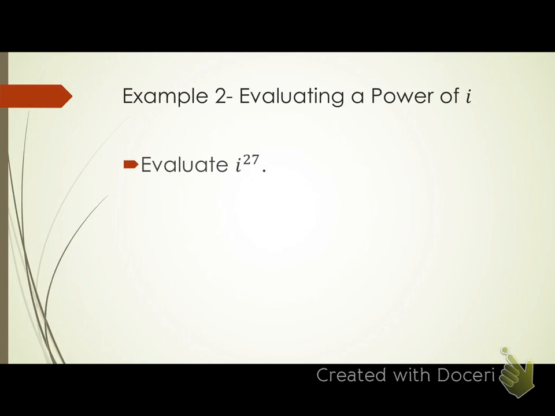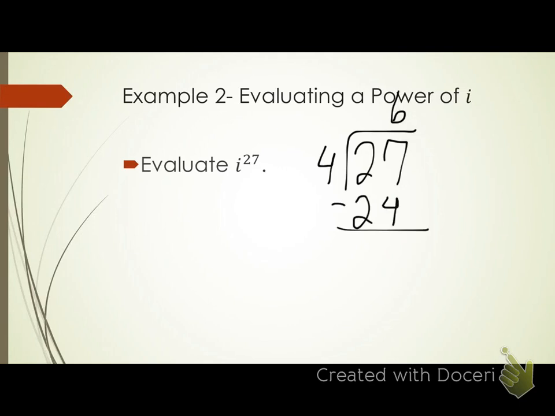So, evaluate i to the 27th power. What do I need to do with my exponent here? Divide it by 4. How many times does 4 go into 27? 6. 6 times 4 is 24. 27 minus 24 is 3.